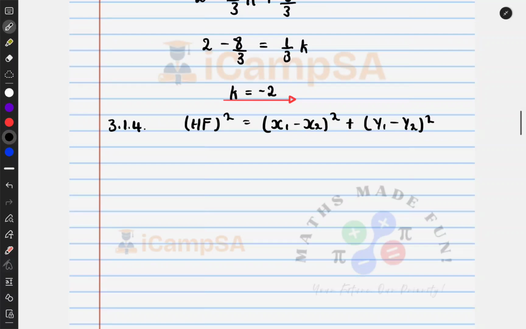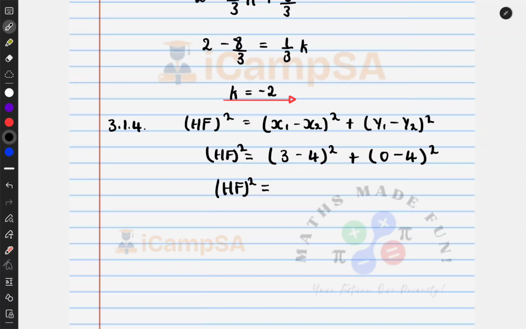So let's plug that in. We're going to have (3 minus 4) squared plus (0 minus 4) squared.